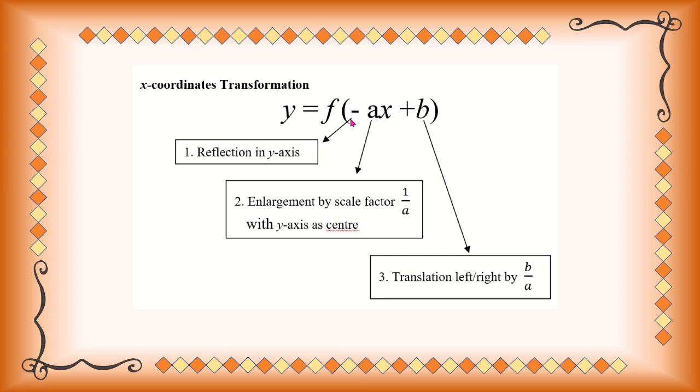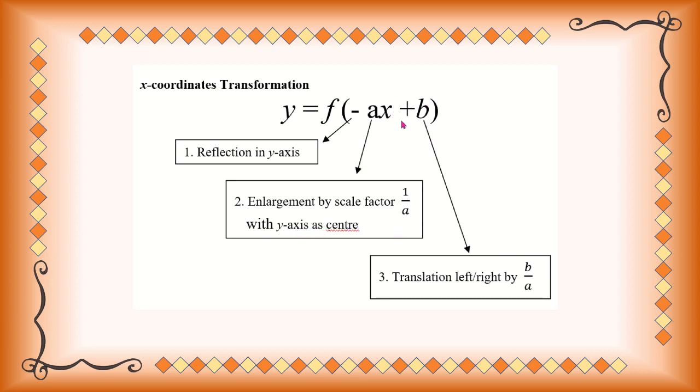In case there is a negative in front of the x variable, it means you need to carry out reflection in the y-axis. Second step, you need to double check whether there is a constant in front of the x variable. In case there is a constant a, it means you need to carry out the enlargement by scale factor 1 over a by using the y-axis as the center.